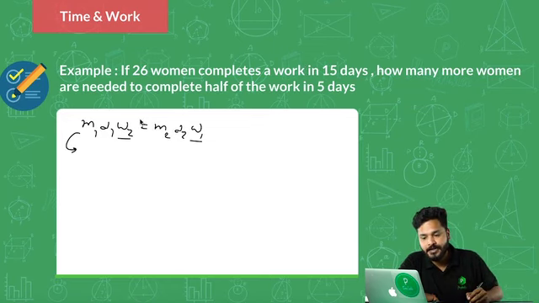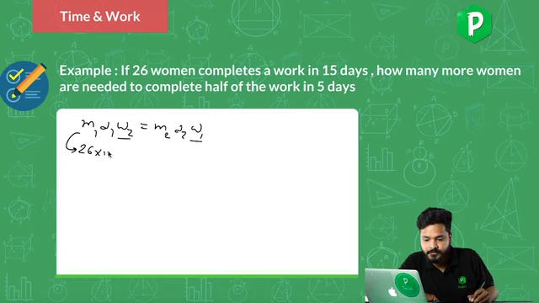So in the first scenario, what is the number of men, women? It's 26. Number of days needed to complete is 15, times W2 at the moment. We'll see it later. Similarly, in the second case, we need to find the number of women needed. So M2 is my variable.